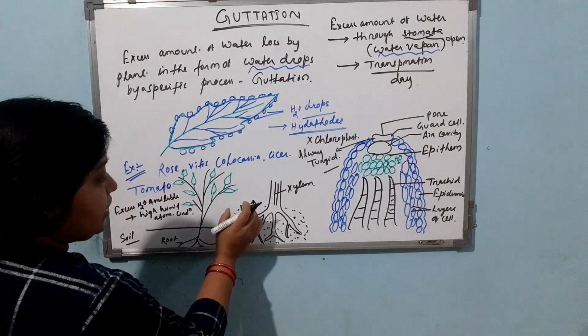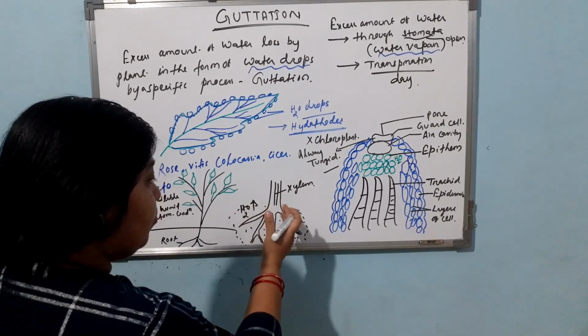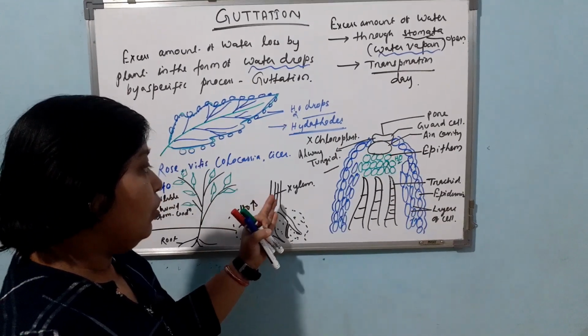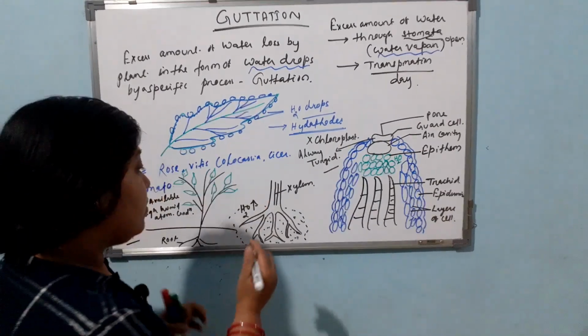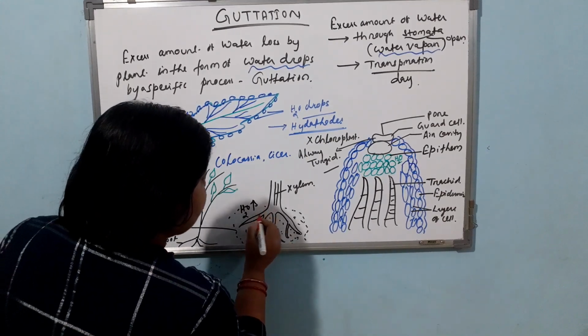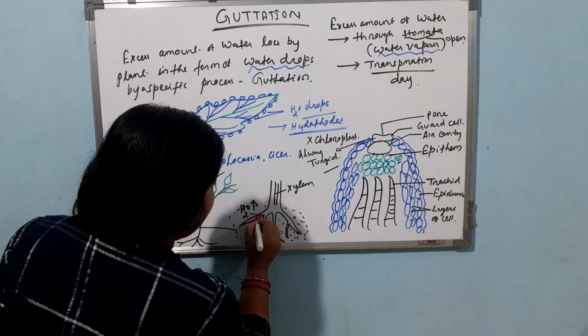Now water will move from higher concentration to lower concentration, so water will move inside the cell through the root.